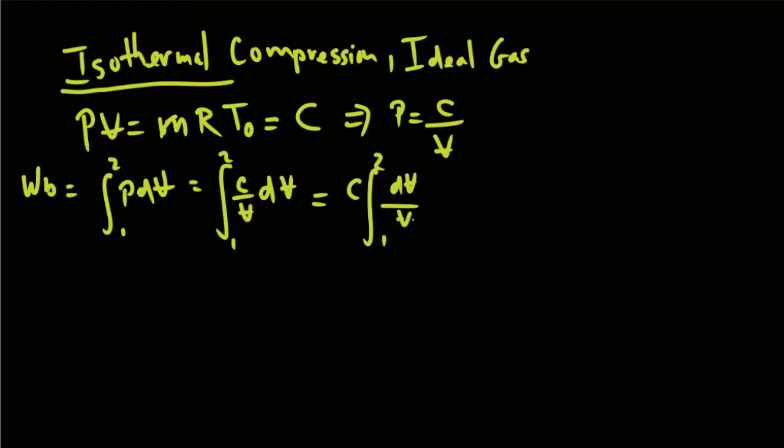We're very familiar with the integral of dV over V, which is equal to our constant times the natural log of V2 over V1. Then we can replace our C and put back the PV. So we say PV natural log V2 over V1.